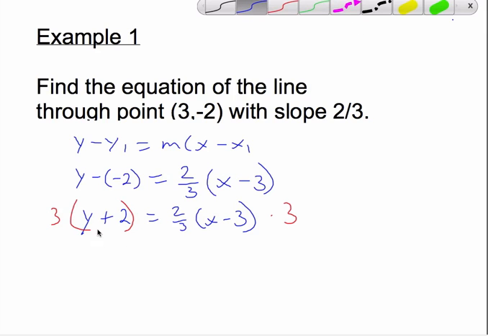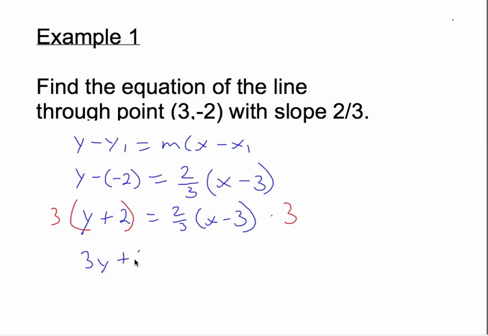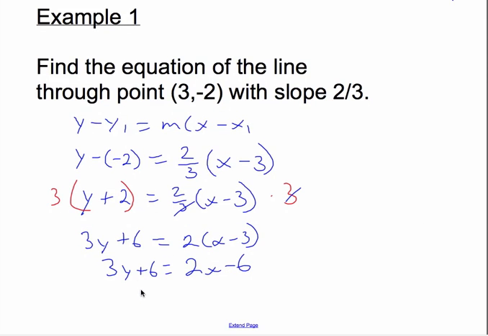And then we're going to get 3y plus 6 equals, and then this 3 and this 3 cancel, so we get 2 times x minus 3. We get 3y plus 6 equals 2x minus 6. And we'll subtract 6 from both sides because we're solving for y here.